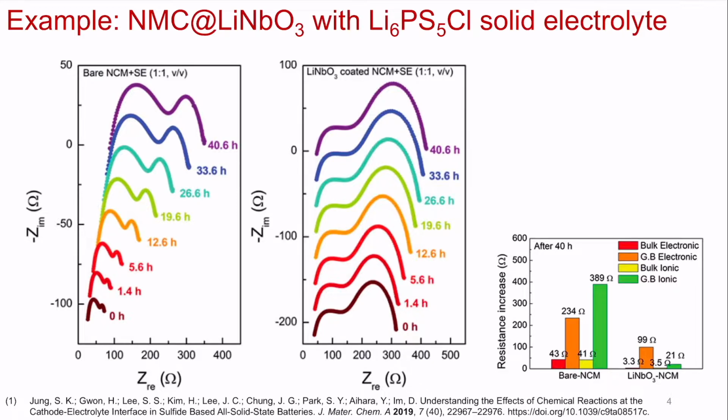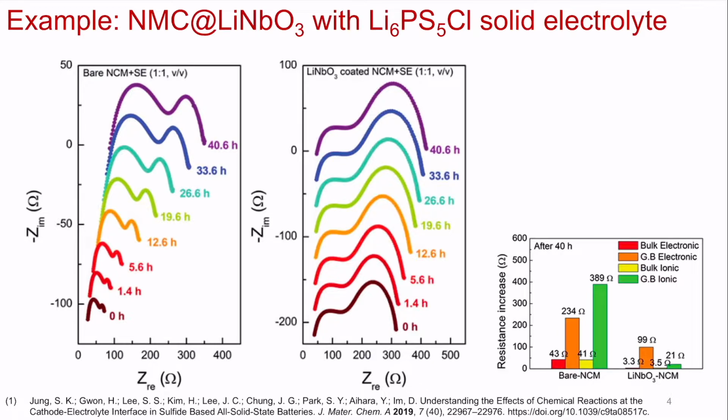Yes. So there are defects, right? There are voids, there are grain boundaries that contribute to the overall signal. And you can tease out all of this, you can backtrack all of this data out from the EIS, right? So you can break down the contributions from the bulk electronic conductivity, the grain boundary electronic conductivity, the ionic conductivity in the bulk, as well as the ionic conductivity at the grain boundary. So you can better understand how to design your particle, how to design your material to begin with, and what is the effect, and you can rule out the effect of adding an interfacial layer, like a buffer layer to the coating.